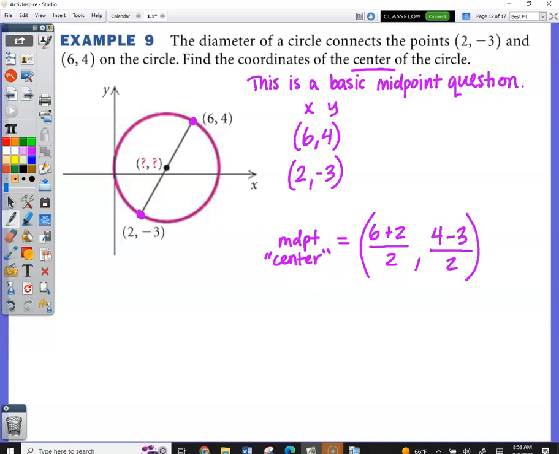Because this is going to be 4 plus negative 3, so that's 4 minus 3. So you get 4 comma 1/2, or 4 comma 0.5, depending on how your math lab asks you to answer it. So this is the center. That's the center point.